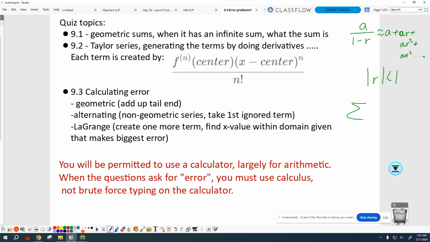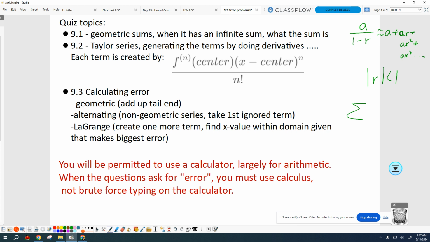Each term is created by the nth derivative at the center, x minus the center to the n over n factorial. So some of them will ask you just for the fifth term, or the x to the fifth, that's the polynomial expansion. So maybe you need to do 5 derivatives, and maybe you need to do something else. And I'll show you what I mean by do something else on the error sheet that's today's work.